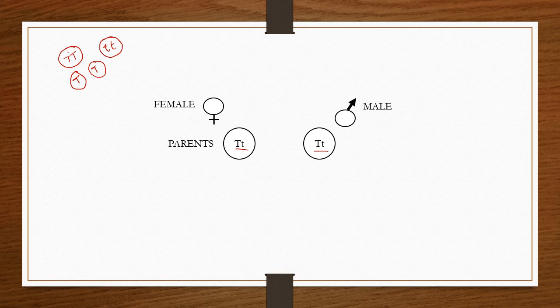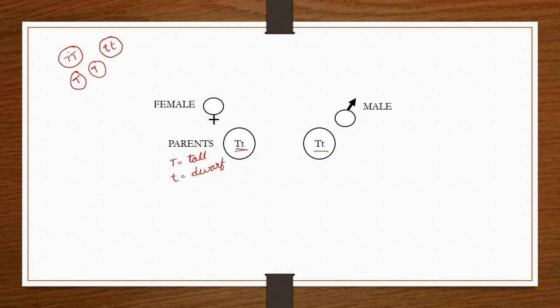Now the factor consists of a pair of factors with different traits or characters. In this pair of factors, capital T represents the tall character or tall trait, and small t represents the dwarf trait or character.